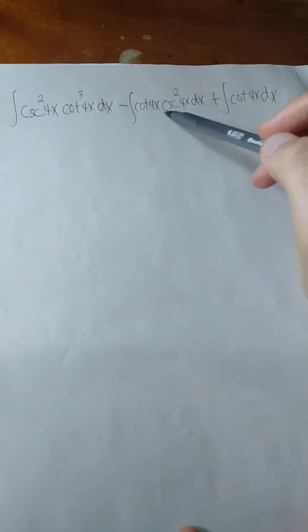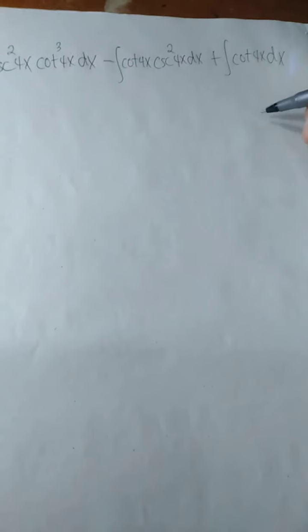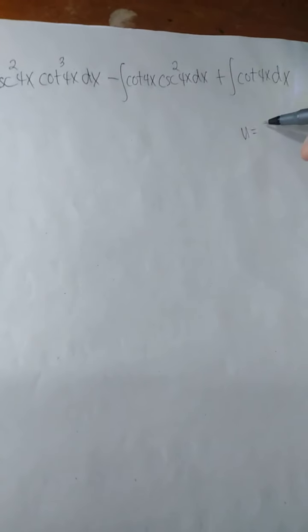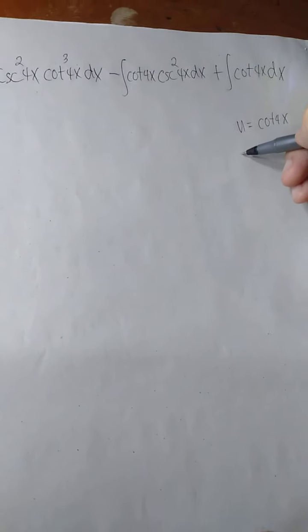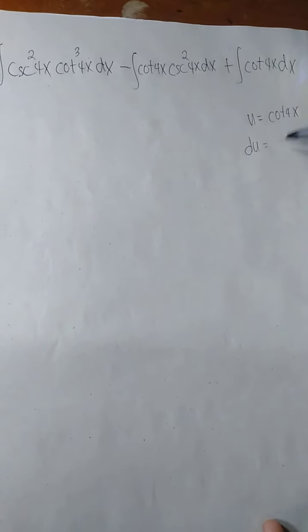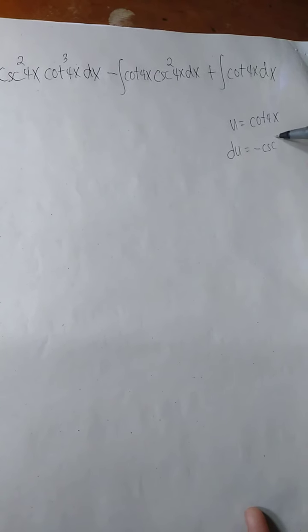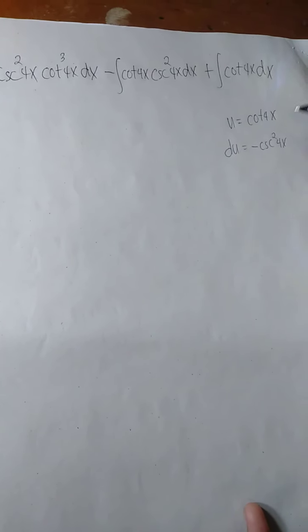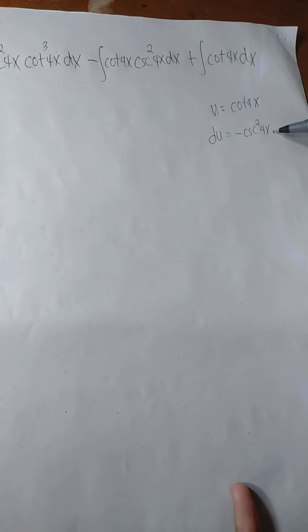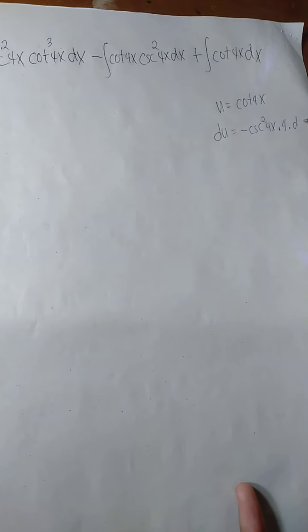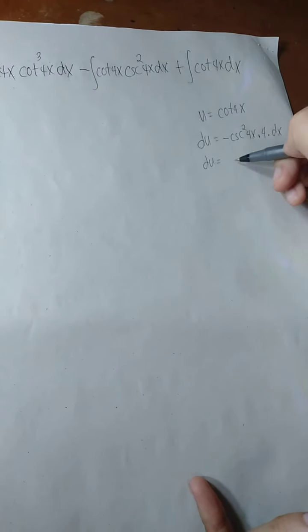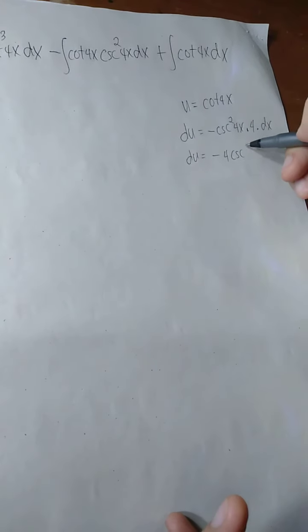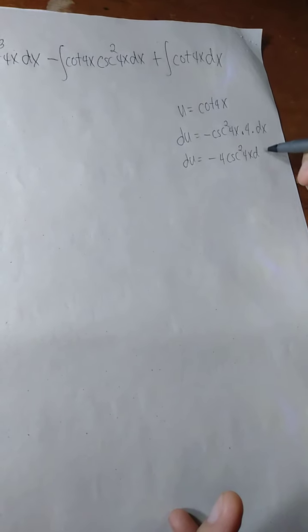So dito, first two expression natin, we can let u as what? Cotangent 4x, di ba? If we take the derivative, derivative of u is du, so negative cosecant squared 4x, then chain rule, derivative of 4x, 4 times dx. So if you multiply, it becomes du equals negative 4 cosecant squared 4x dx.